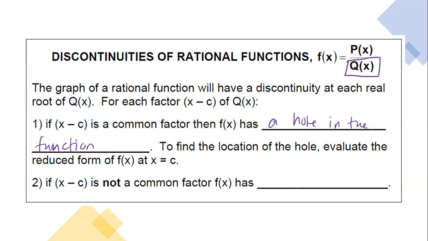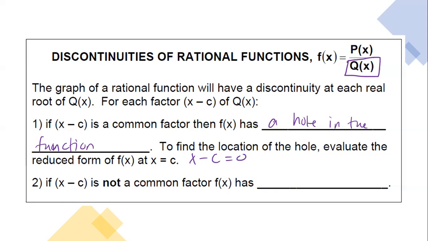To find the location of the hole, evaluate the reduced form of f of x at x equals c. So basically, you're just going to take x minus c and set it equal to 0 to figure out exactly where your hole is, just like any other factor, right?